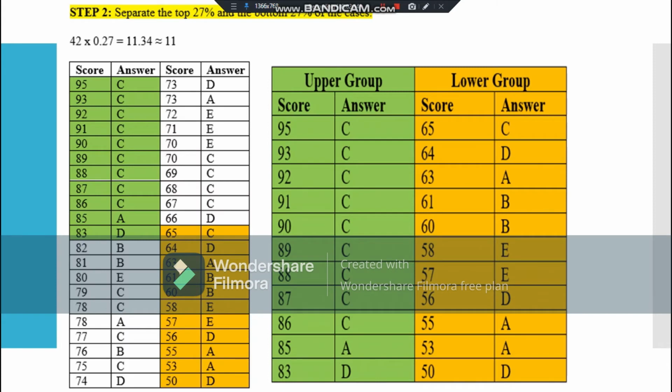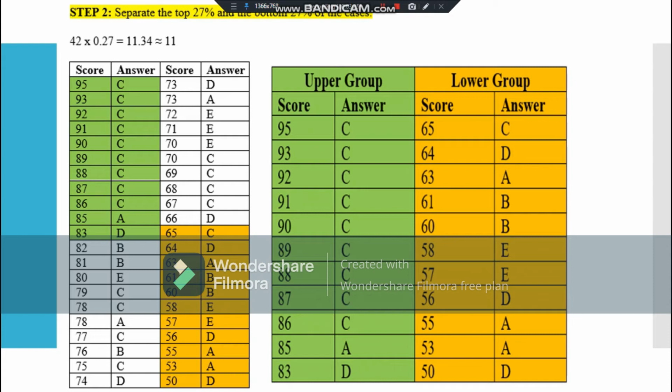The next step is to separate the top 27% and the bottom 27% of the students or cases. How do we compute this? We simply multiply 42, since there are 42 students, by 0.27.